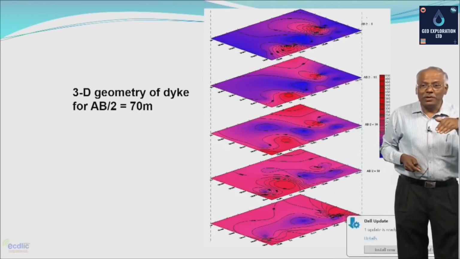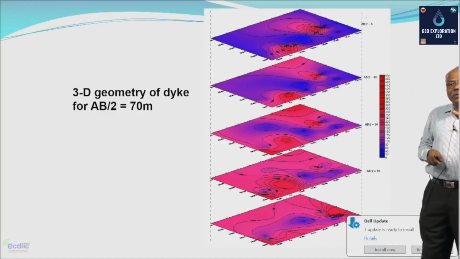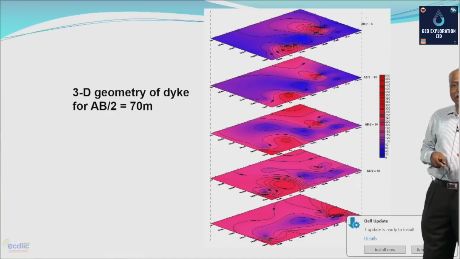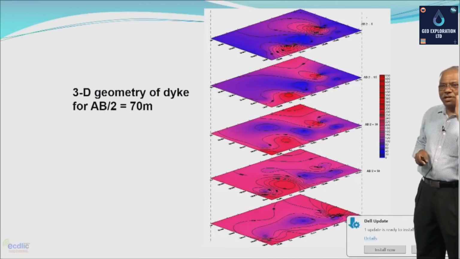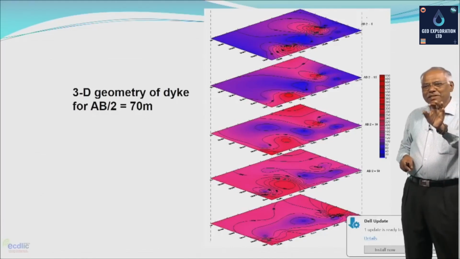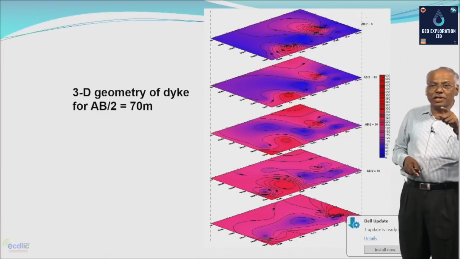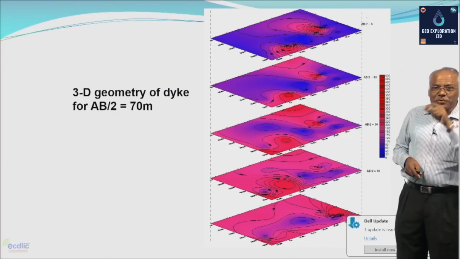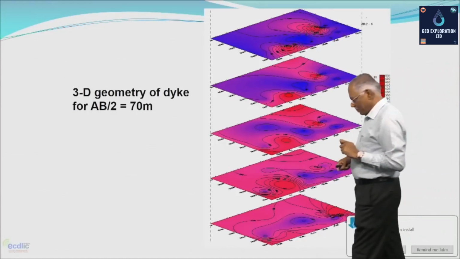As you go deeper to nearly 50 meters, many resistivity lows are obscured, and the whole area is almost occupied by resistivity high, with only a small patch of resistivity low in between, and therefore, that is only an isolated occurrence of groundwater. If you go to 70 meters depth, that situation also prevails. It means that your location has to coincide with that particular resistivity low, and only then will you be able to tap the groundwater.